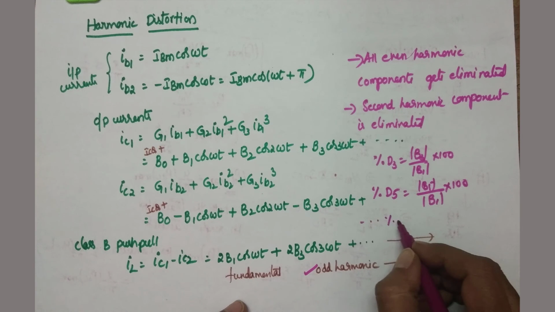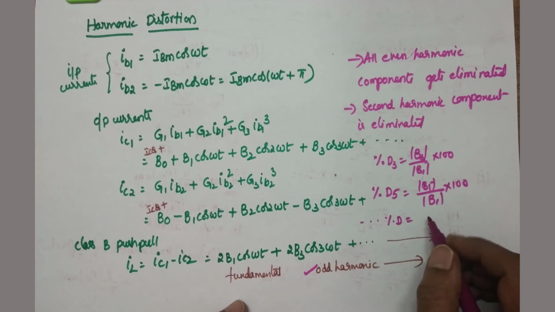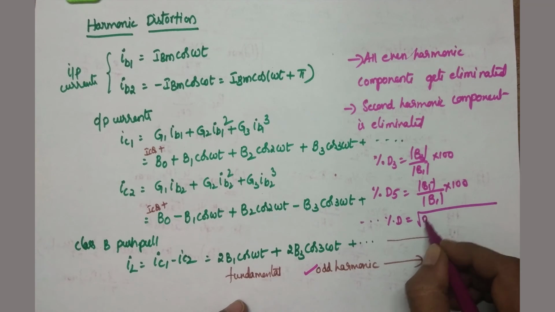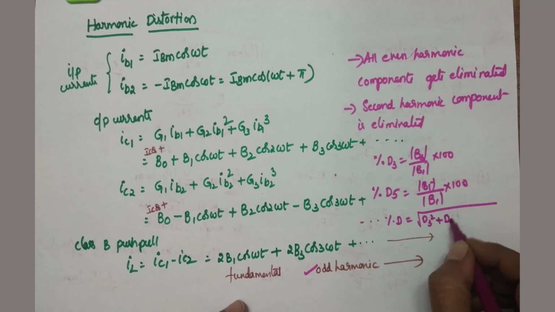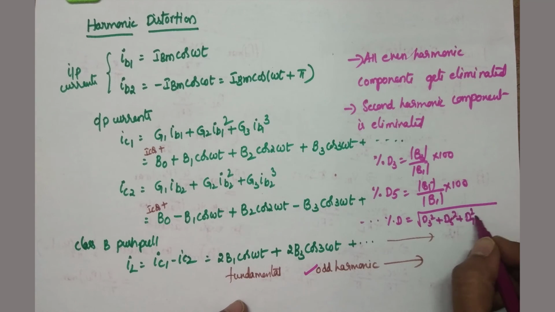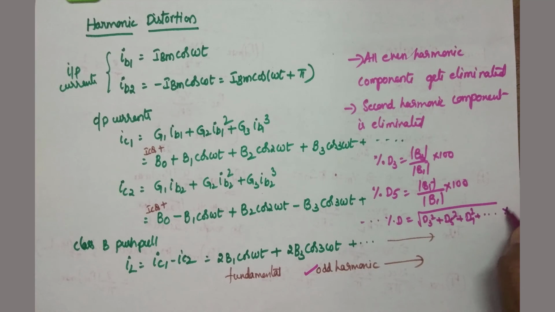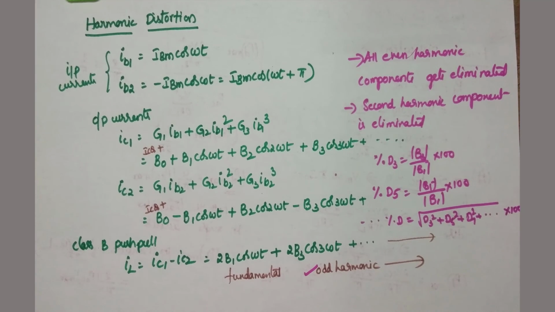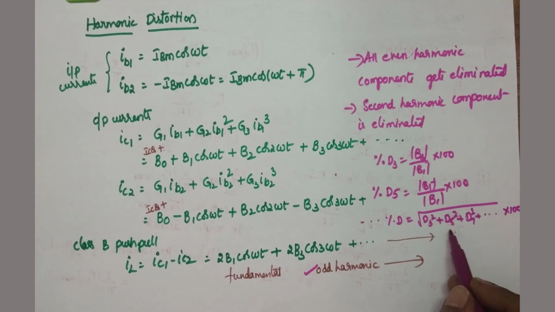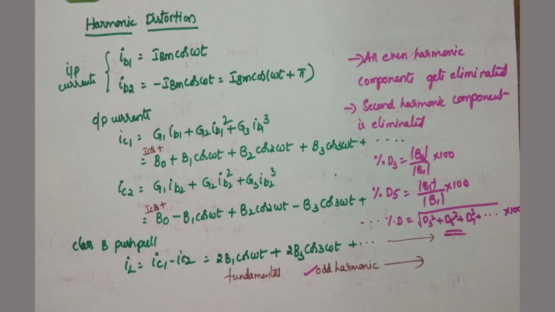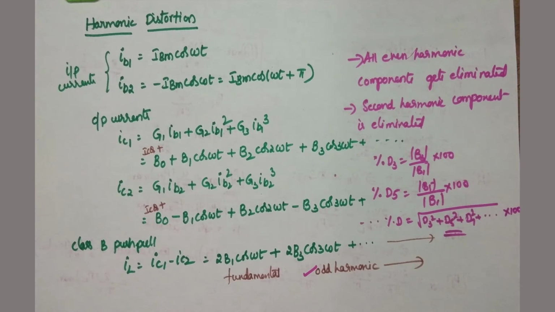So the percentage total distortion is square root of D3 square plus D5 square plus D7 square, etc., into 100. So that is percentage total harmonic distortion. So this is about class B push-pull harmonic distortion.